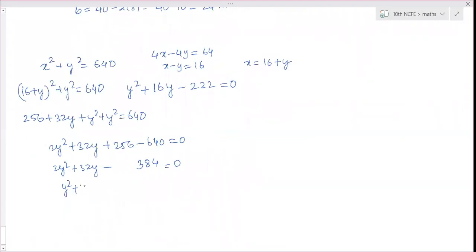So y square plus 16y minus 192 is equal to 0. Yes, ma'am.